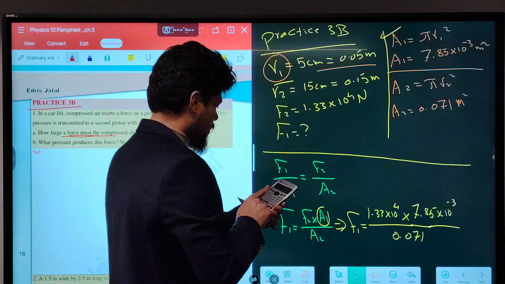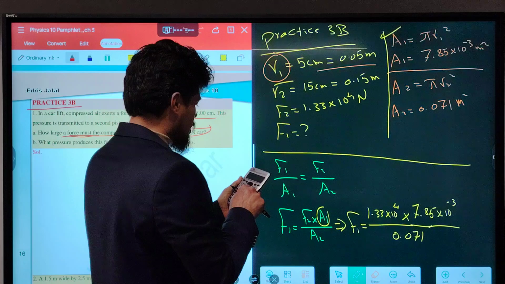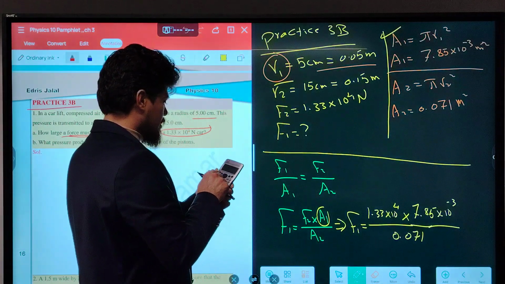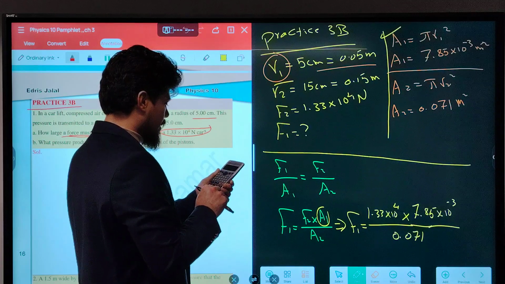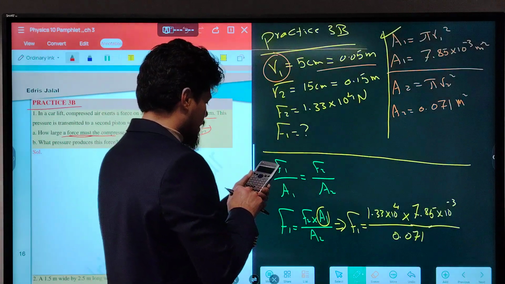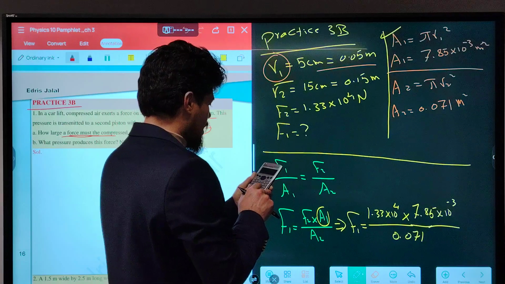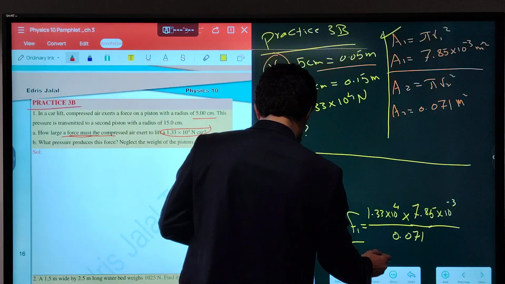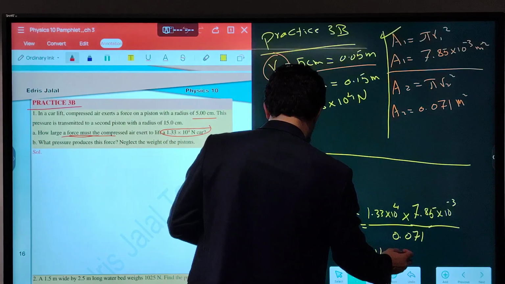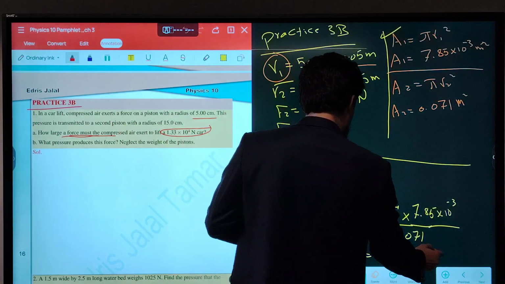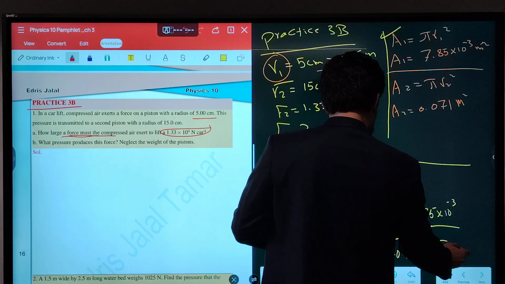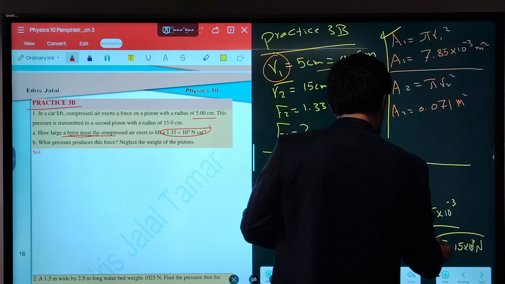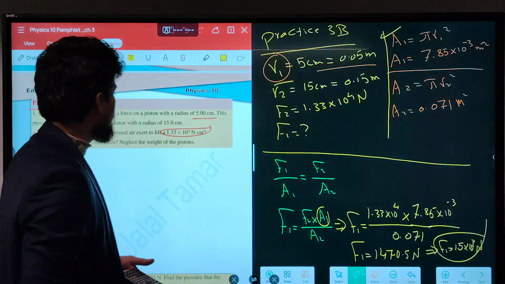Okay? 1.33 times 10 power 4 times 7.85 times 10 power negative 3, divided by 0.071, which is equal to F1, 1470.5 Newton, or you can say 1.5 times 10 power 3 Newton, okay, which is smaller than F2.